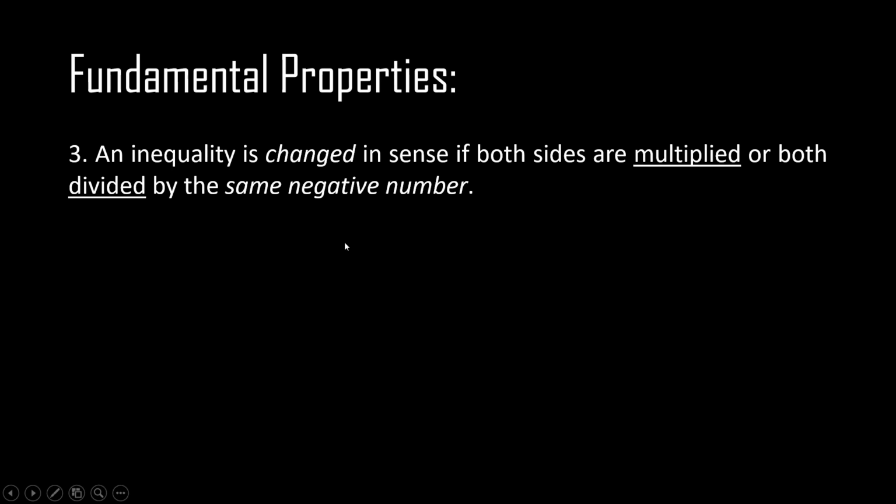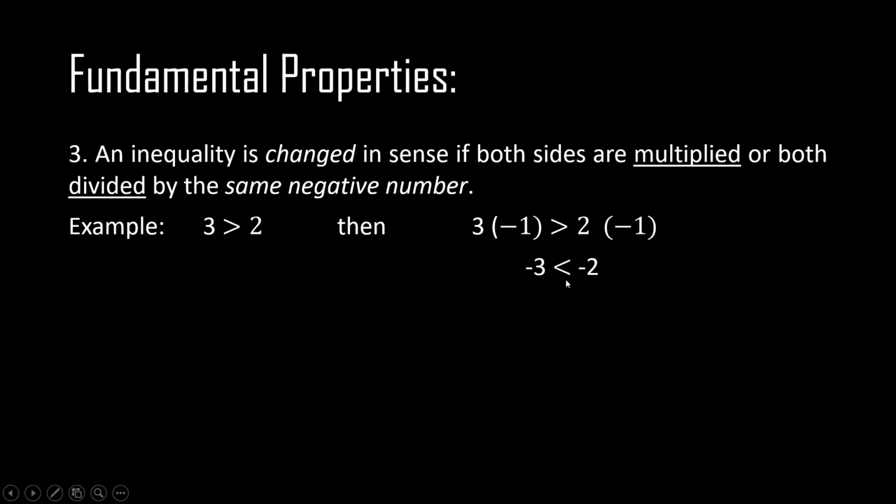For example, 3 is greater than 2, but if we multiply both sides by -1, the inequality sign will change, because it is true that -3 is less than -2.